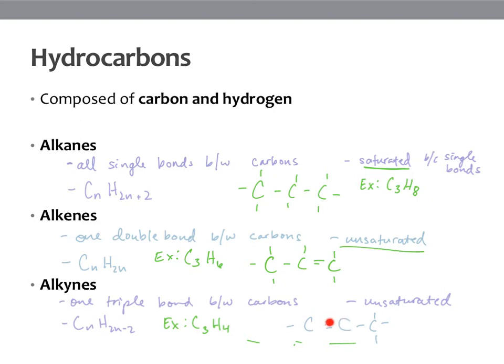This one, 1, 2, 3, and 4 doesn't need any more hydrogens, and then this one could take 4 hydrogens. So we count 1, 2, 3, 4. That's it. And those are our 3 basic hydrocarbons. This you could find on table Q of the reference table.